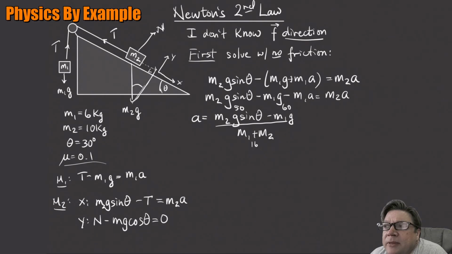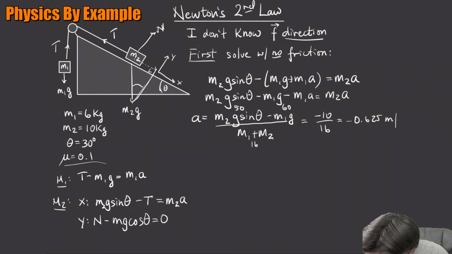The total force is the numerator, 50 minus 60, or minus 10. The net force acting on the system is minus 10. And the mass that the net force is acting on is the masses added together, the whole system, which is 16. What does that come out to be? 0.625 or something like that, minus 0.625 meters per second squared. Okay, so that's the acceleration of the system.